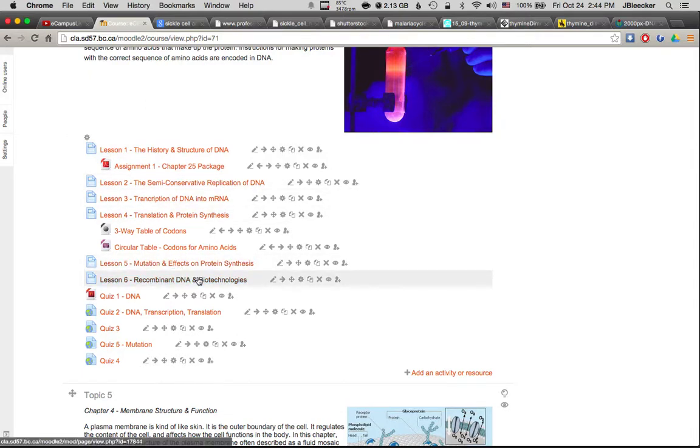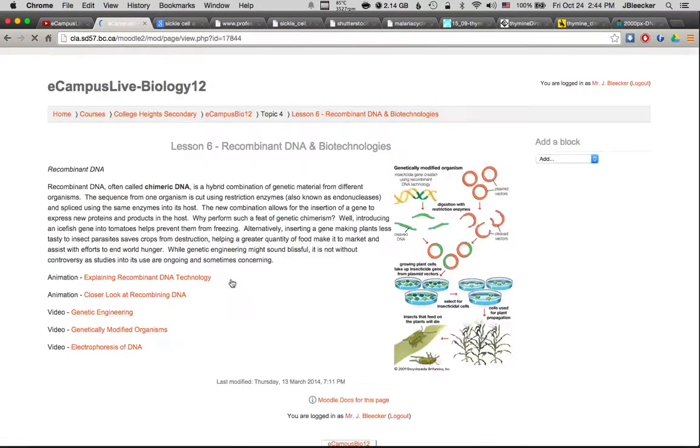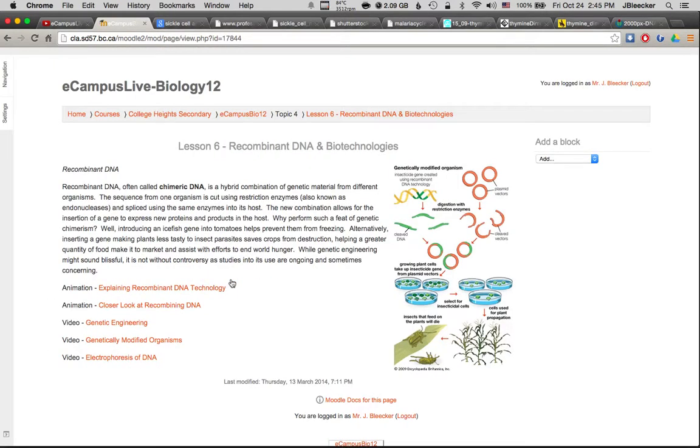What you'll be doing as a project in this chapter is looking at some biotechnologies. We've got some goodies here as far as recombinant DNA, making new genetic DNA, or looking at genetically modified organisms, working with stem cells. There's some really neat stuff here because we can look at the genetics of that and talk about GMOs, and you'll get a chance to really investigate one of these topics, especially recombinant DNA.